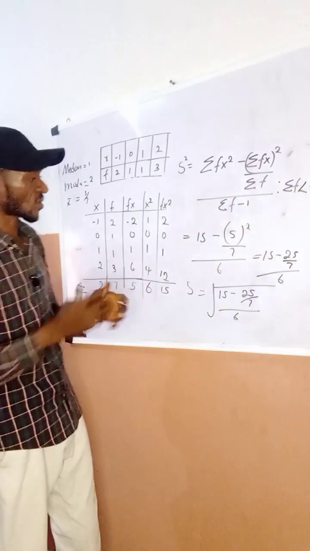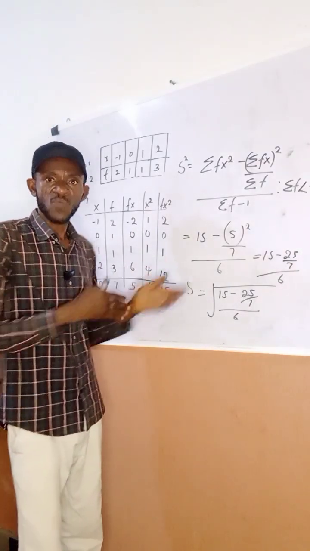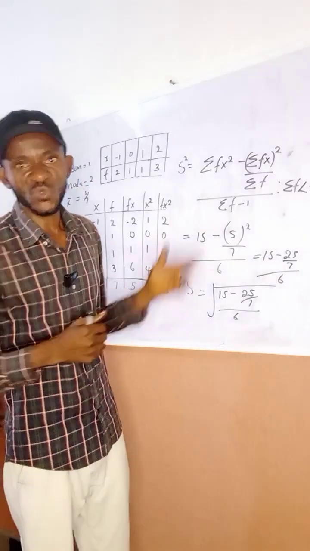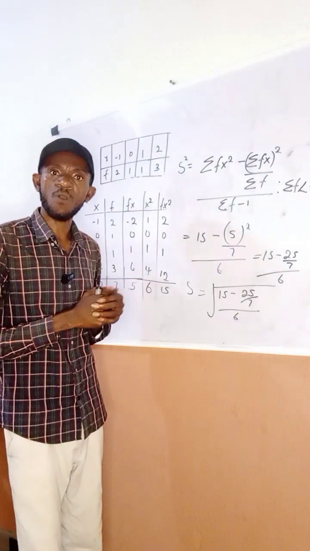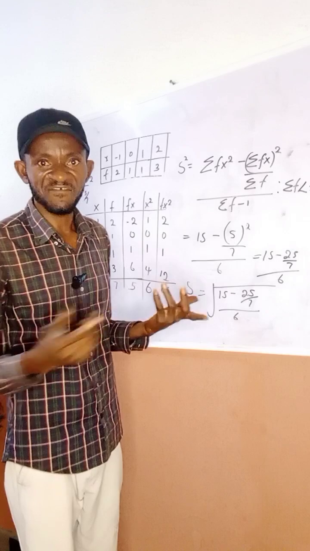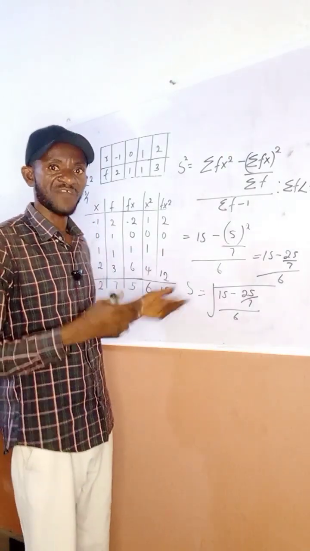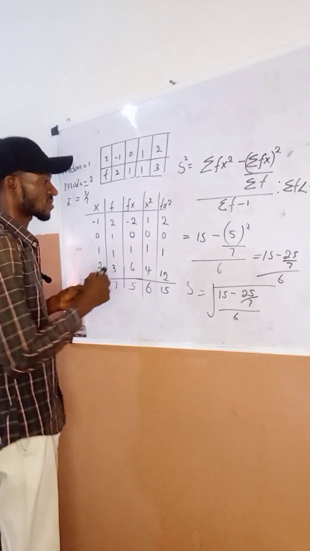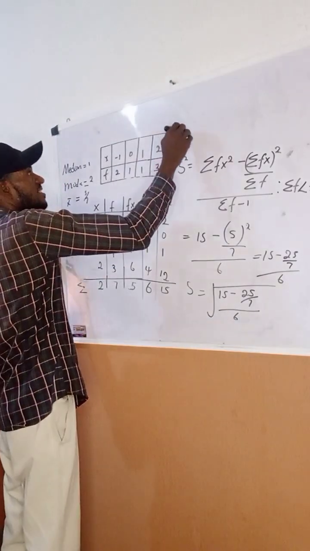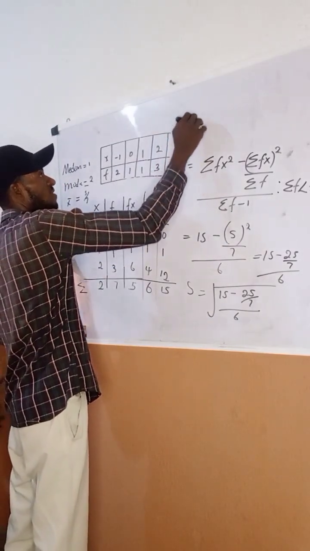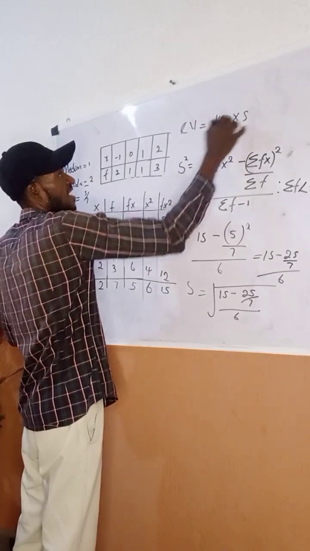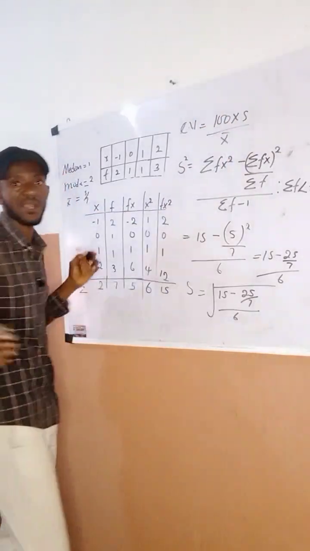We have talked about the variance and the standard deviation. So we now quickly talk about the coefficient of variation. Our coefficient of variation, C.V, is given as 100 times S all over X bar.